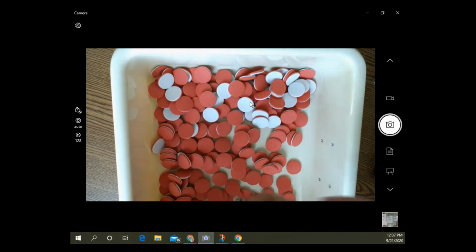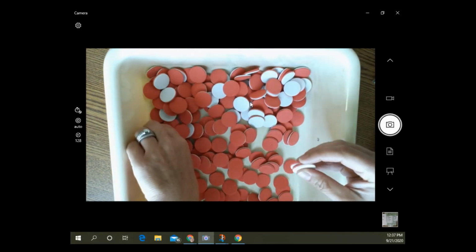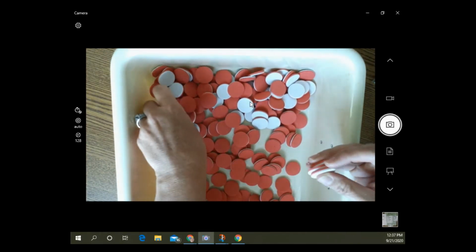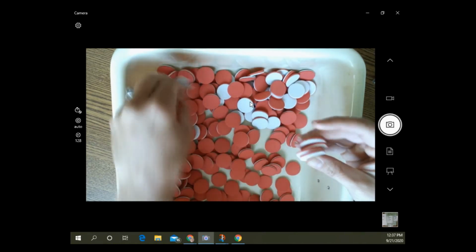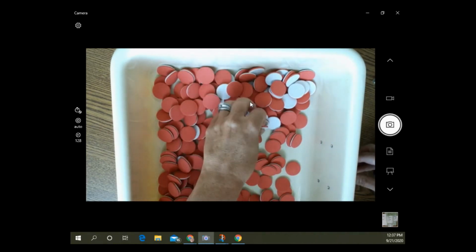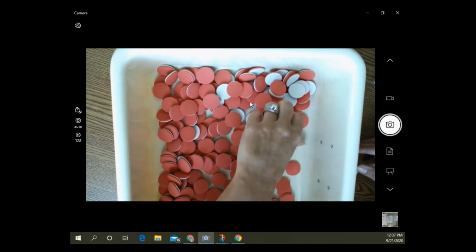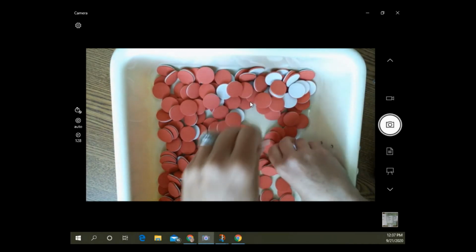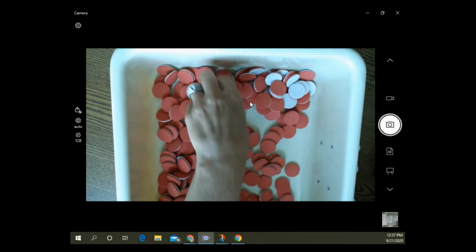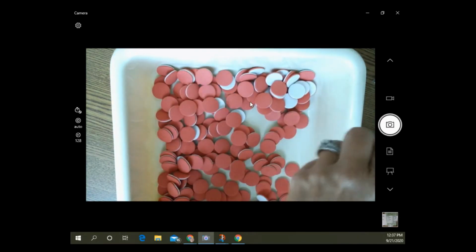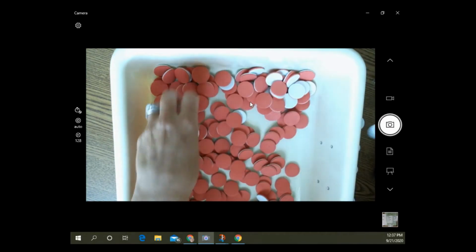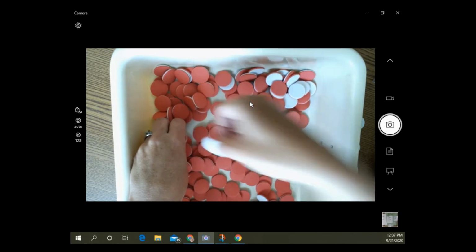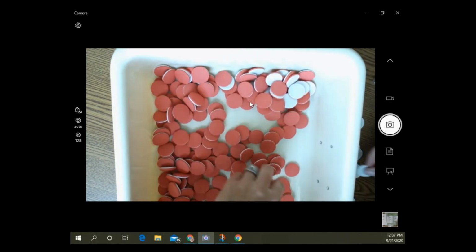So 1, 2, it's better to count them as you go. 3, 4, 5, 6, 7, 8, 9, 10, 11, 12, 13, 14, 15, 16, 17.